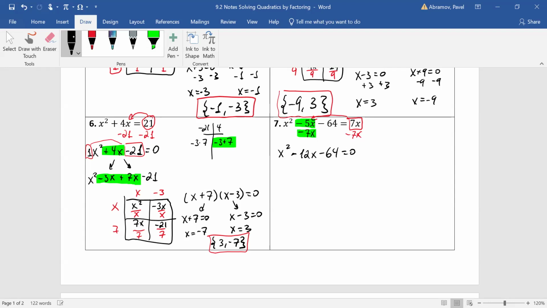But at this point, we do everything exactly the same. So we multiply a times c, so 1 times negative 64 is negative 64. And we need to find numbers that multiply to negative 64 and add to negative 12. And these numbers could be, and I have to think about this one.